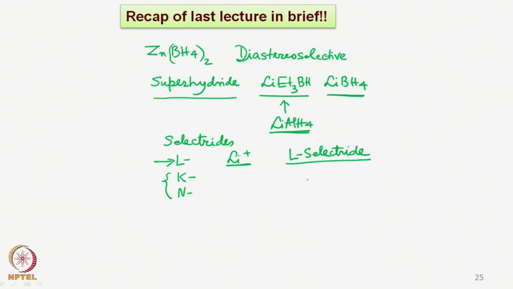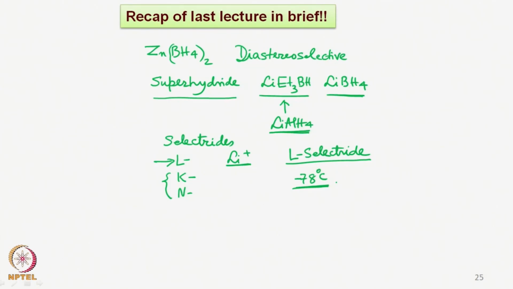We also discussed that these are used only in cases where high diastereoselectivity is required at low temperature. We looked at the temperatures, and in some cases minus 78 degrees can also be used because of the high reactivity of such molecules.